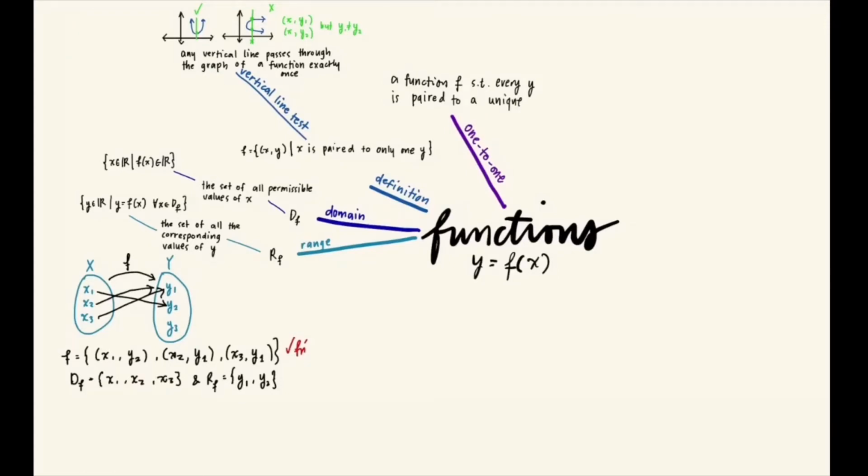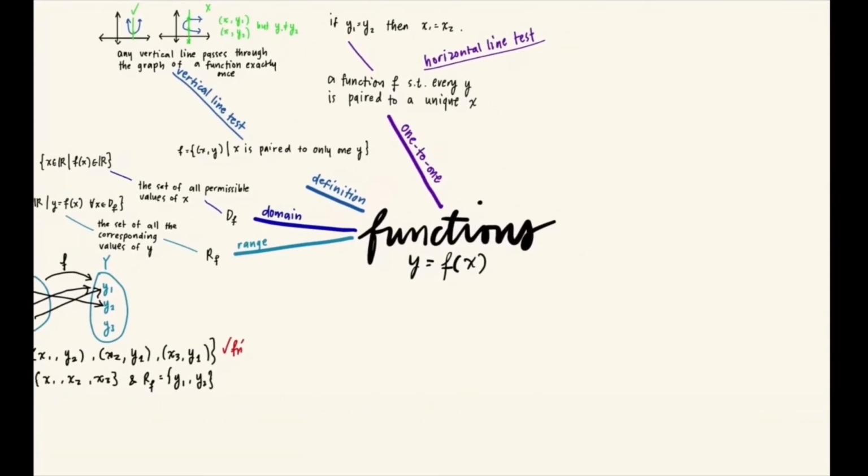So it has to be one to one. They're committed to each other. Now, another formal definition would be if y1 is equal to y2, then x1 is equal to x sub 2.